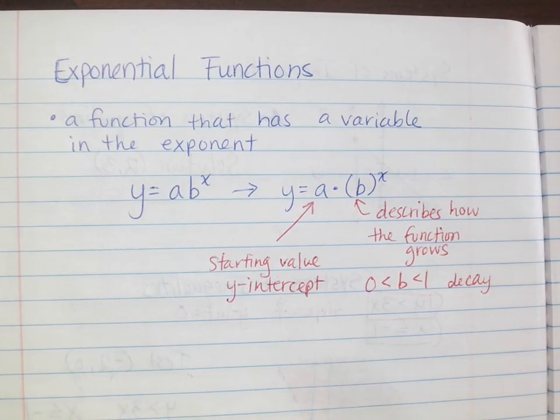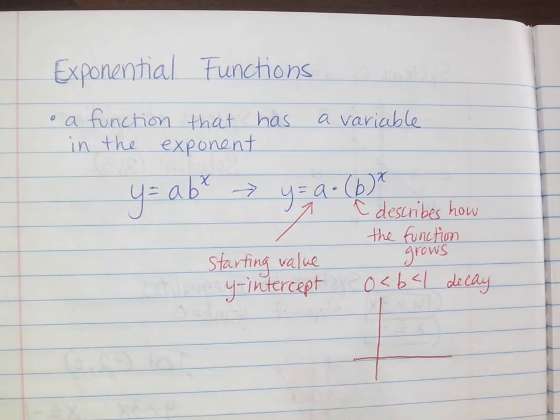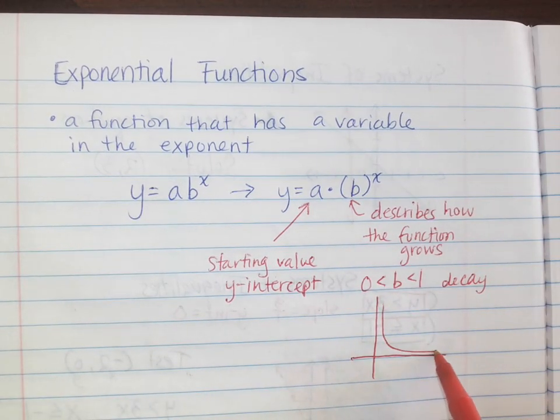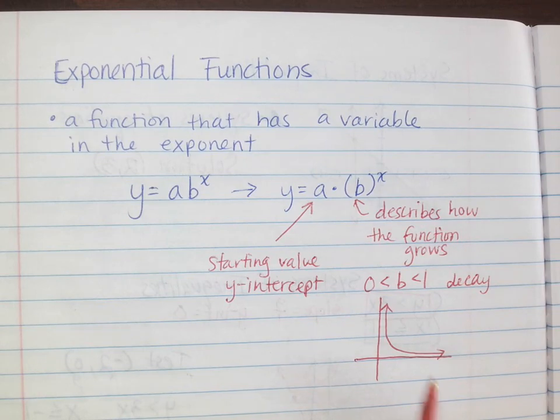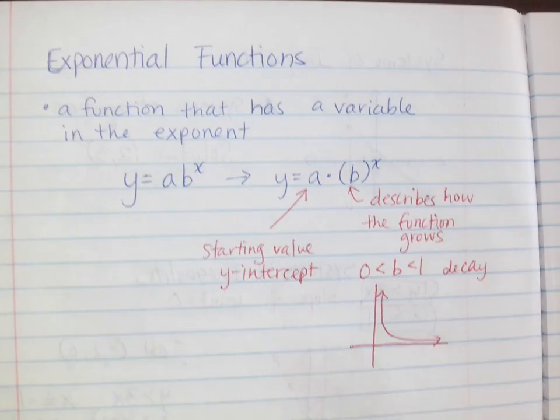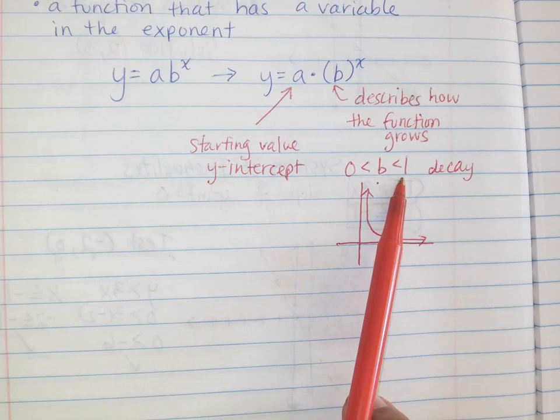If you think about your science class, when something decays, it breaks down and gets smaller and smaller. Well, in math, that's what this is. So this graph would look something like that. Our values as x gets bigger get smaller and smaller and smaller. This is just an example of one graph. So that happens when b is between 0 and 1.